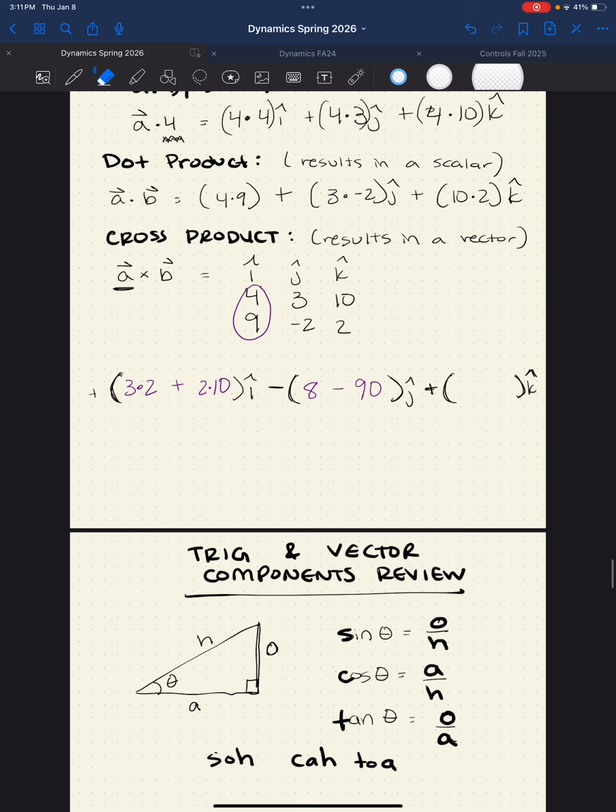And then lastly, I'm going to look specifically at this part and do the same thing. So for the K component, I'll have 4 times minus 2 is minus 8. Forward minus the backwards, so minus 27. Okay, and then you can simplify on your own.